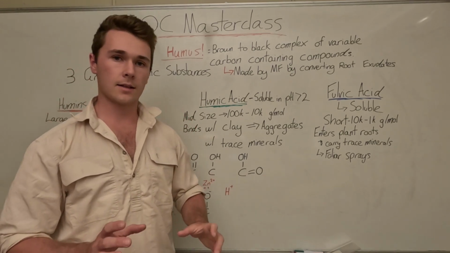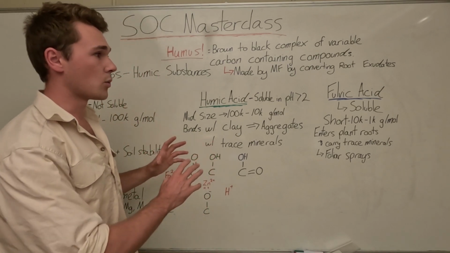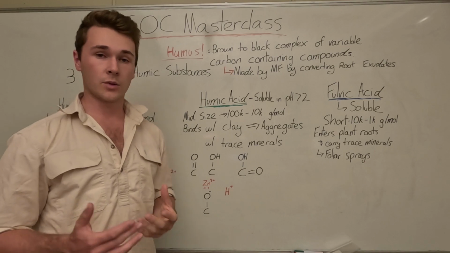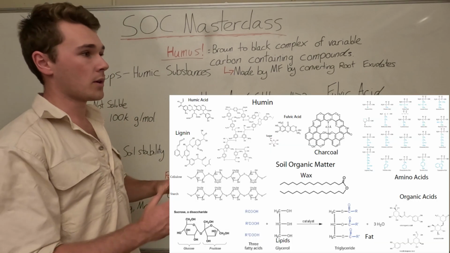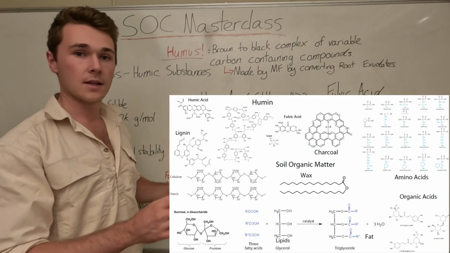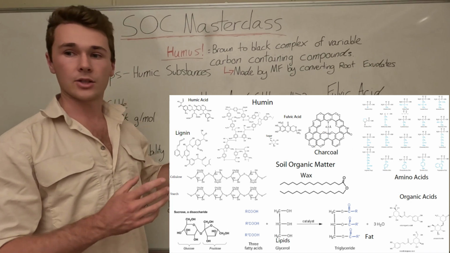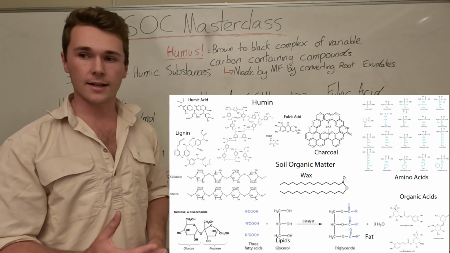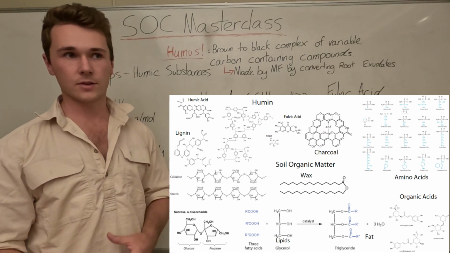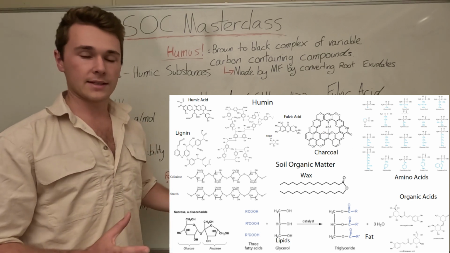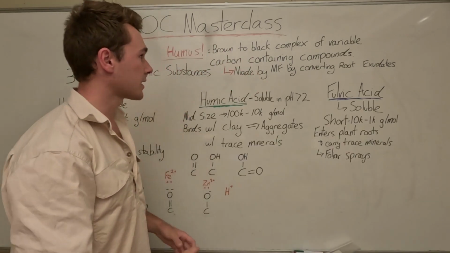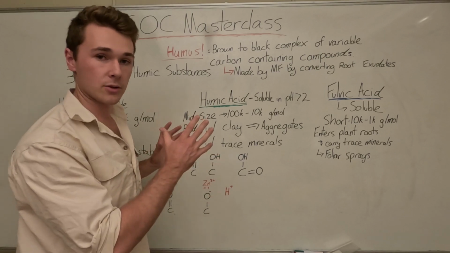Now, when we consider the humic substances to all the other organic substances that can be involved in soil organic carbon, we have all our fats, all our lipids, we have our oils, we have charcoal, waxes, proteins or amino acids, we have our carbohydrates, cellulose, starch, all these different things that make up the overall soil organic matter, but it's only these that make up humus.